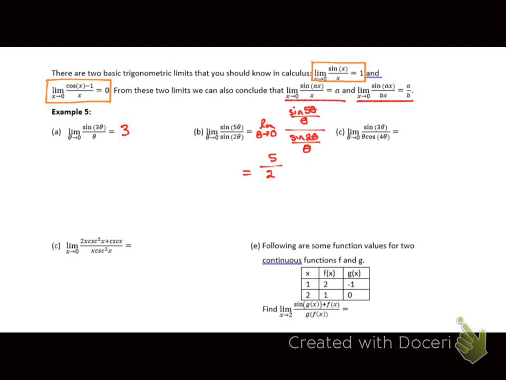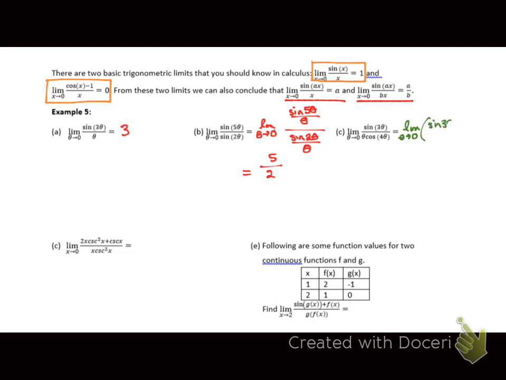You can also split it up by multiplication. So here, the limit as theta approaches 0 of sine of 3 theta over theta cosine of 4 theta. So find the limit as theta approaches 0, and I'm going to separate it with multiplication.